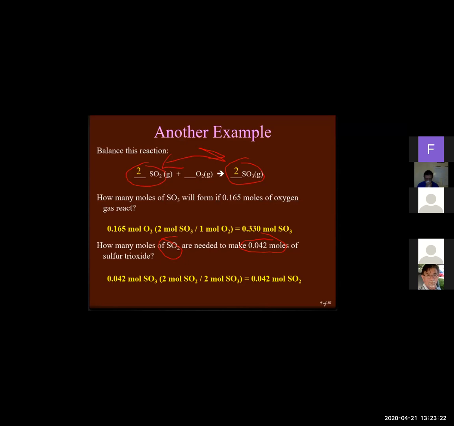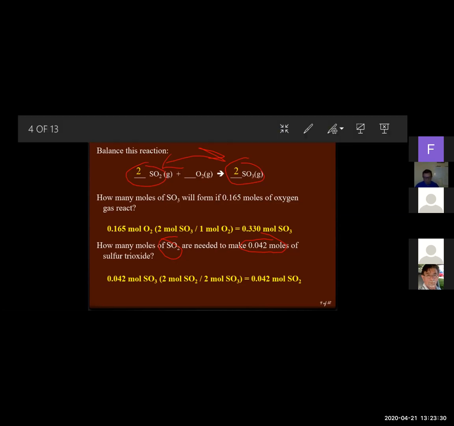Now, the important part about all these calculations is that you must have a balanced chemical equation. Without that balanced chemical equation, all these calculations are incorrect.